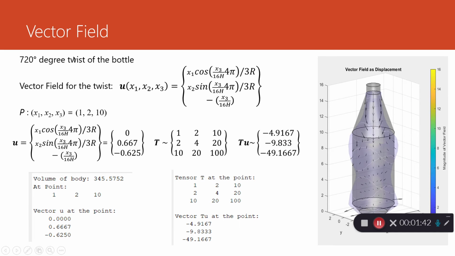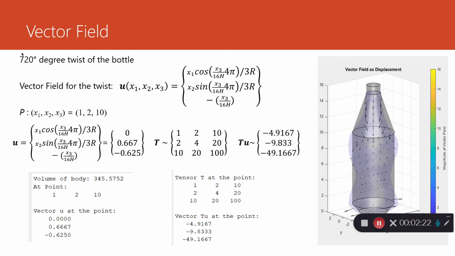For the vector field, the displacement which I have selected is the twisting of the bottle. For this, the twisting is of 720 degrees, and the vector field of the twist, which is a function of x1, x2, x3, is x1 cos x3 upon 16h into 4 pi divided by 3r, and y is x2 sin x3 upon 16h into 4 pi divided by 3r, and z is x3 upon 16h, where h and r are equal to 1.